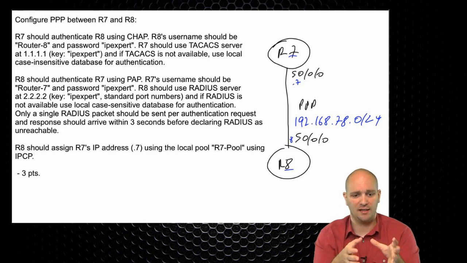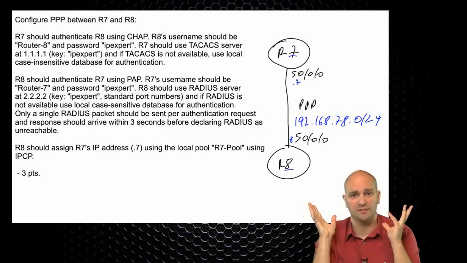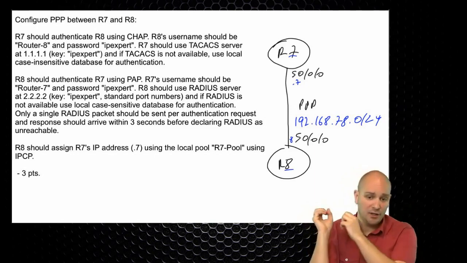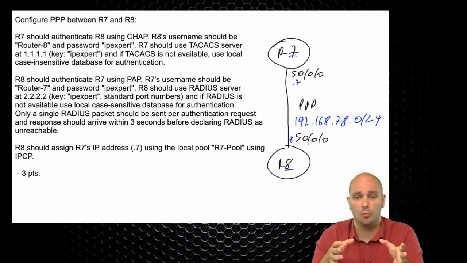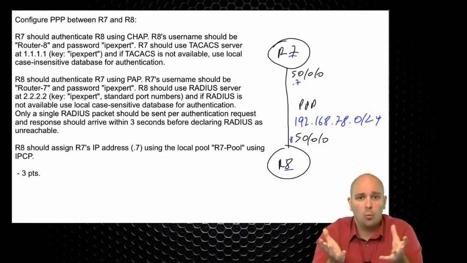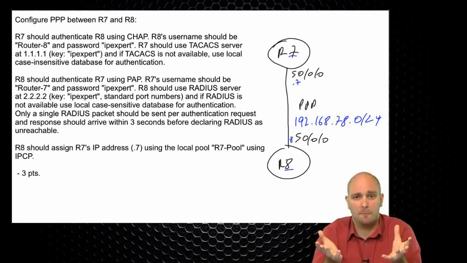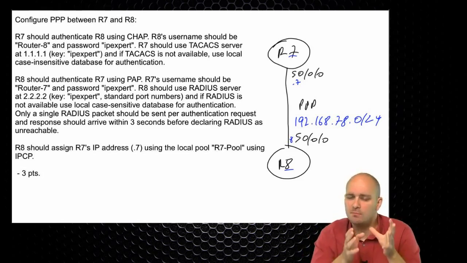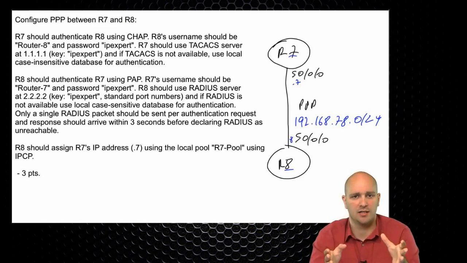Now, I could theoretically go into my notepad and type out the configs for all of this stuff. I could paste them in, and then when something doesn't work, where do I begin? Is it the TACACS? Is it the RADIUS? Is it the AAA? Is it the IPCP that is broken? What did I mess up? I am going to try to avoid this situation as much as I can for any technology that I'm configuring.